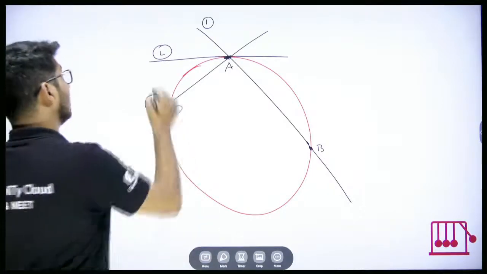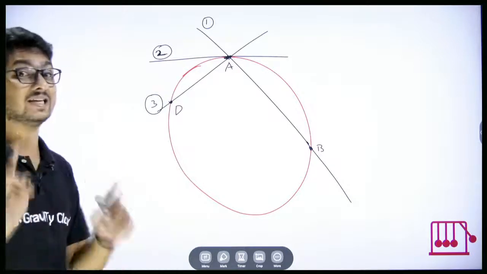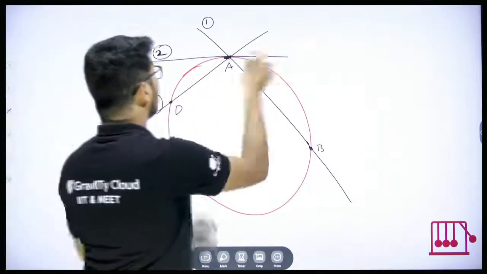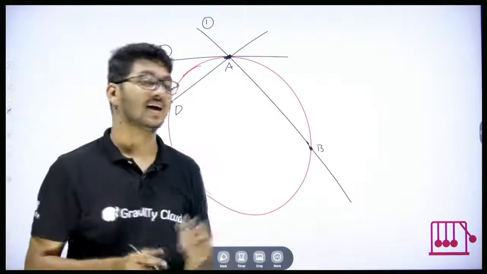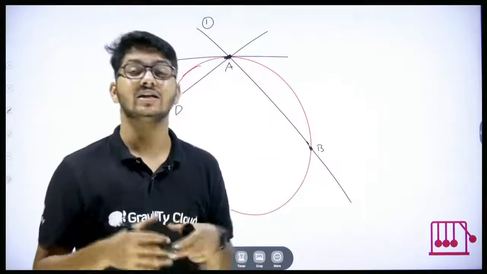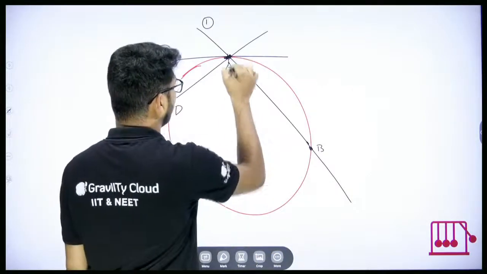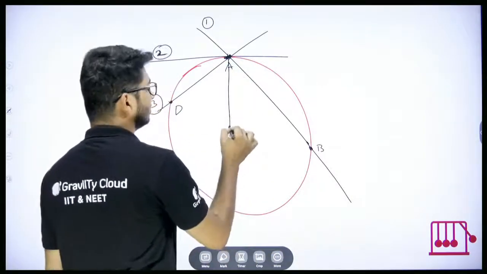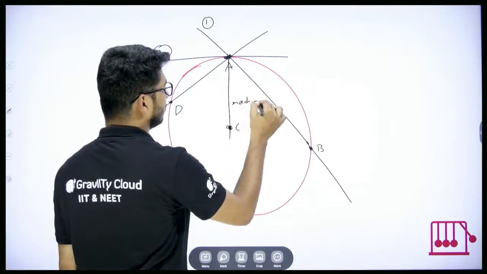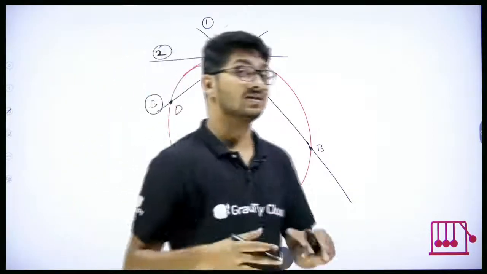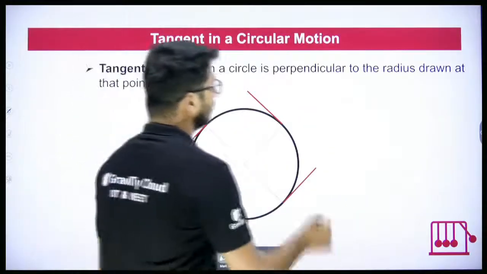But if I look at line 2, line 2 is passing through the circle only at a single point, which is A. And line 2 here is the tangent. Obviously, it is going to be perpendicular to the radius. This is the radius. Now, what does that mean? That means you can also define a tangent in this way. How?